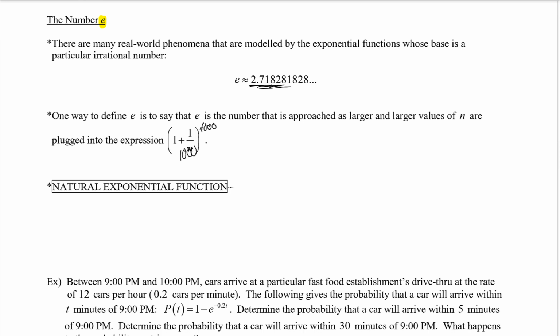So the bigger and bigger number that you plug in for n, integers, although I don't know if that matters, but definitely if you plug in bigger and bigger values, if you plug in 1,000,000, 1,000,000,000,000, 1 billion, you get more and more digits of e. It starts to give you more and more of these digits. So the larger that n is, the closer you get to e.